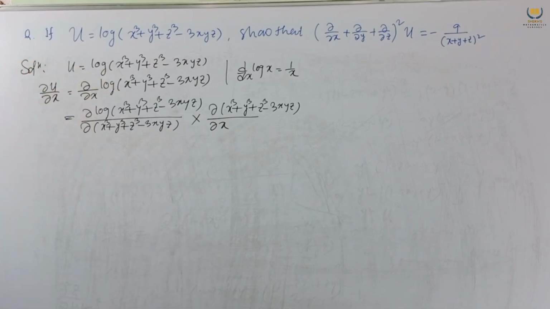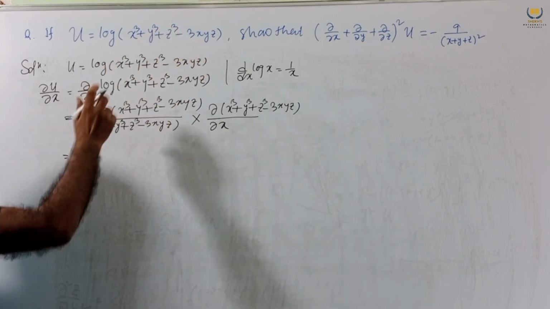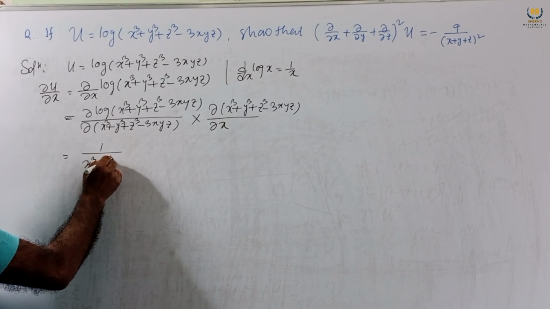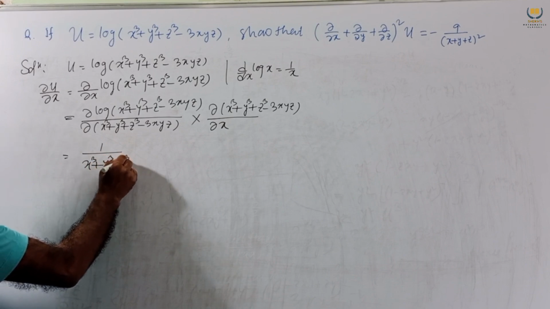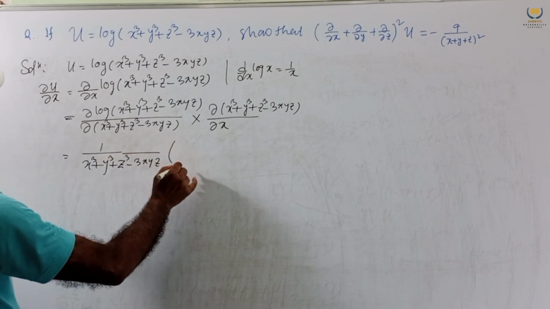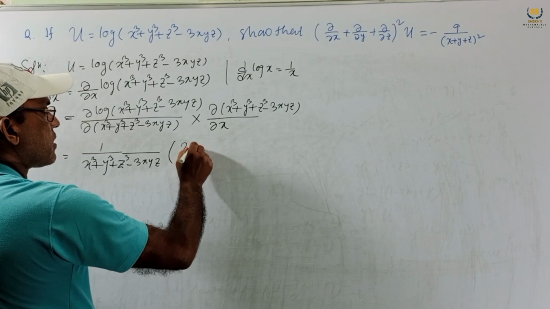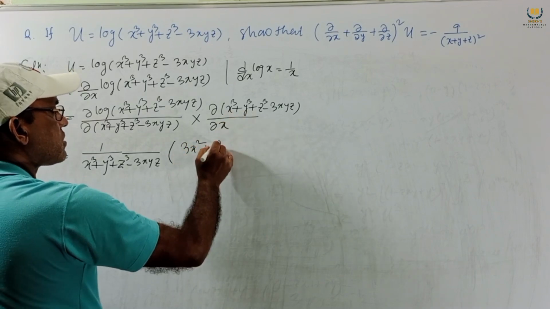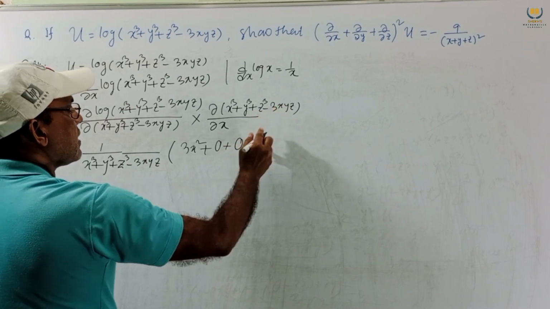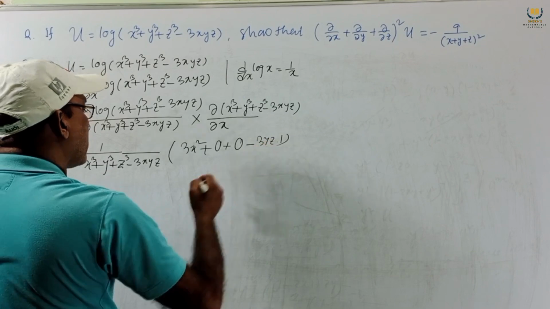We get this, and these two are the same, so we write 1/x formula: 1/(x³ + y³ + z³ - 3xyz) into ∂/∂x of x³ means 3x², y³ is constant so 0, z³ is constant so 0, and 3yz ∂x is 3yz.